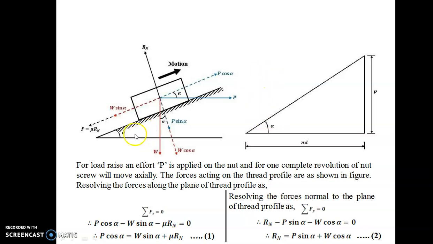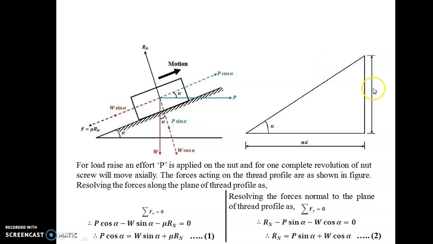You can see it is a plane inclined at an angle alpha. This plane is unfold helix.